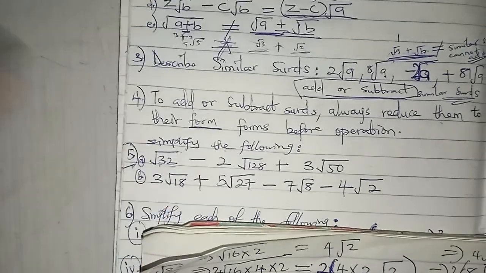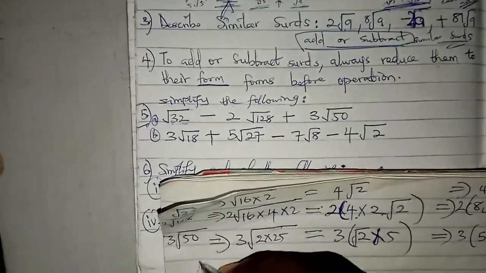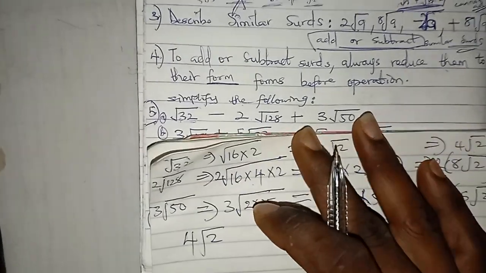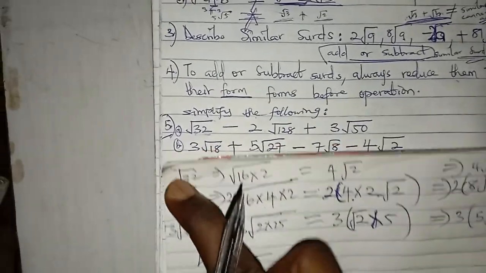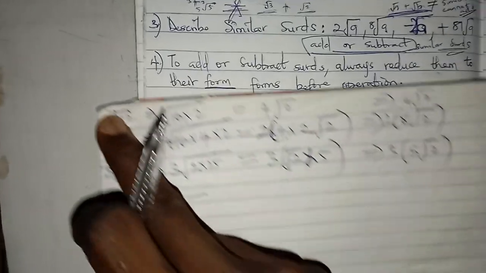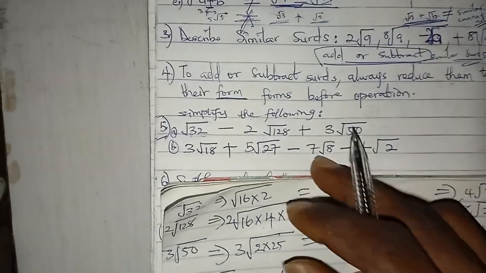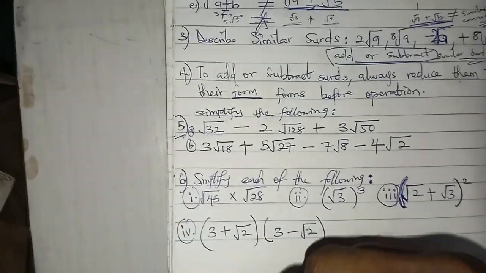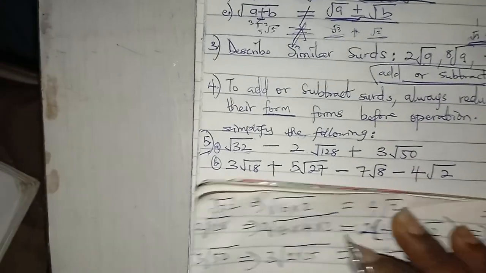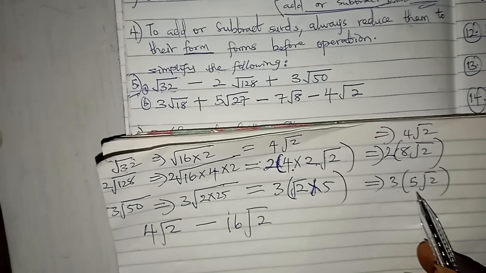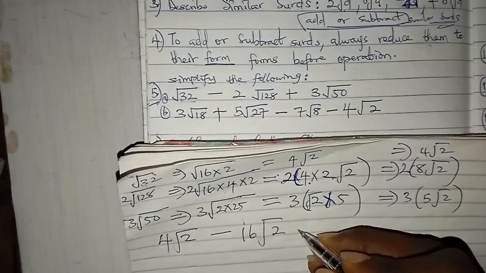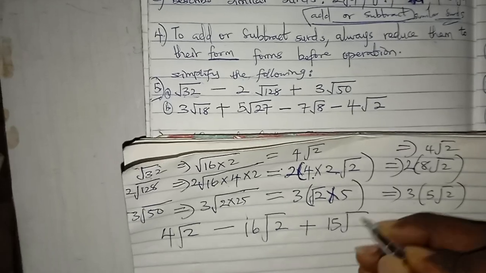Notice that this is root 32 minus, so everything for root 32 will give you 4 root 2, minus everything for 2 root 128 will give you 16 root 2, and everything for 3 root 50 will give you 3 2 plus 15 root 2.